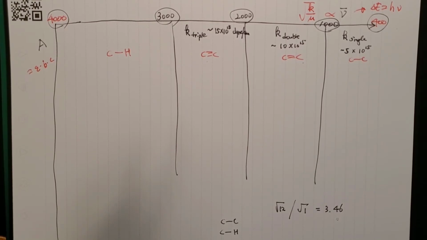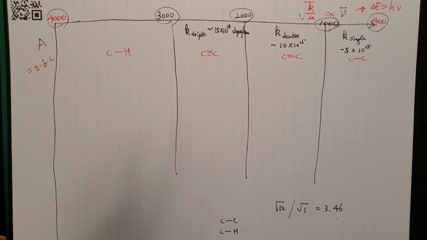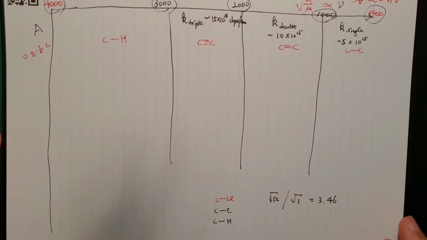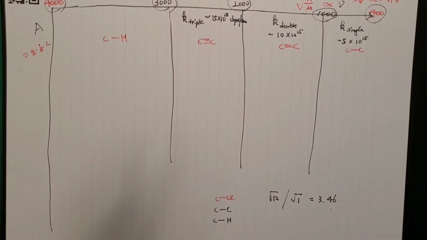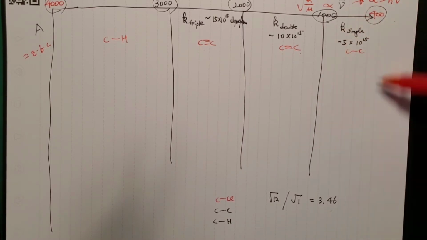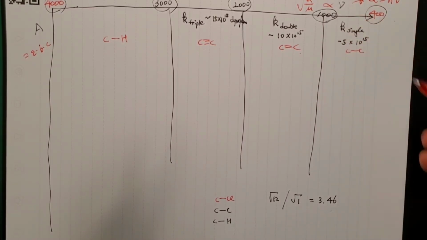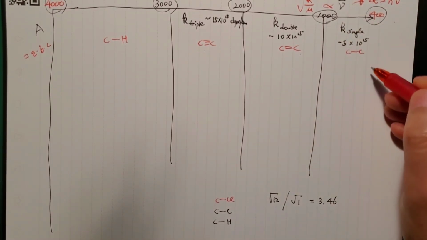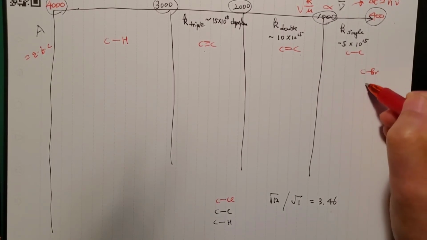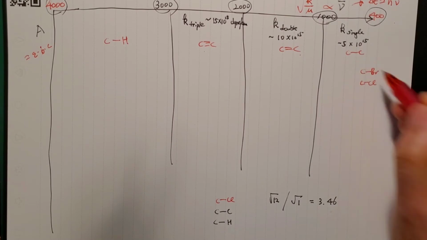Then you are saying, how about chlorine and bromine if you have them on the carbon? Okay, you try that, and the ratio is not that great. The C-Cl and the C-Br single bonds will still be in this box, but more toward the smaller number, around 600-ish. So you expect the C-Br and C-Cl around here.